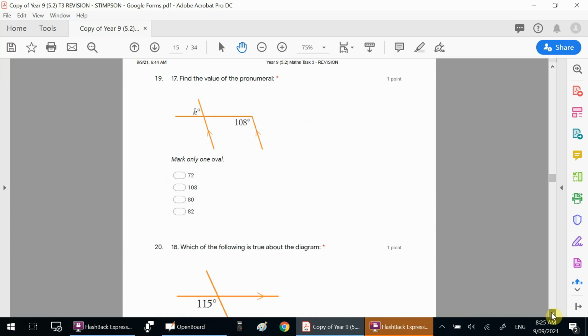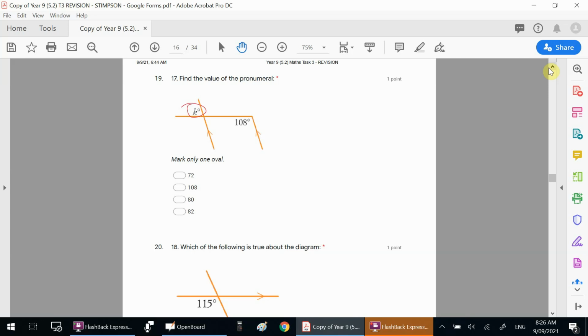Okay, so geometry. Find the value of the prime numeral, so k. Alright, so it's not immediately obvious what we've got to do, but we've got some clues. Parallel lines, we've got 108 there. These angles here are vertically opposite. And if you have a look, you can see that parallel lines, the angles on the inside, they are co-interior.